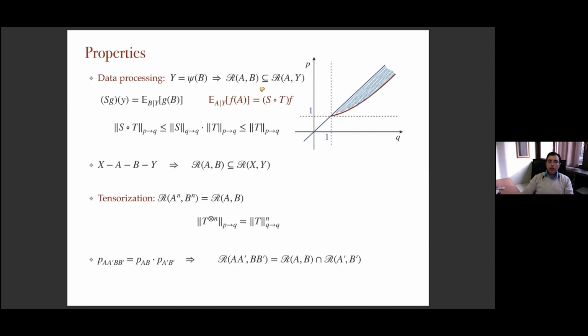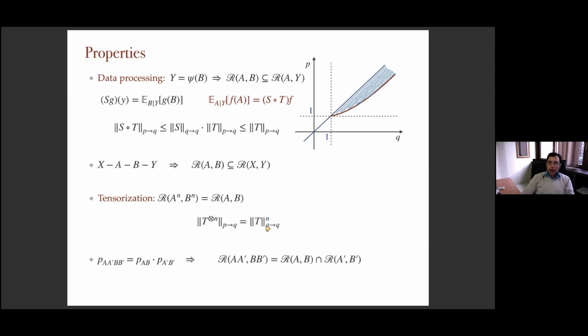I want this measure of correlation to satisfy the tensorization property. Let's verify that. We saw previously that the operator that maps the A^n subspace to the B^n subspace comes from the n-fold tensor product of T with itself. And now the point is that if I compute the P to Q norm of the n-fold tensor product of T with itself, it's nothing but, sorry, this guy here should be P. It's a typo.